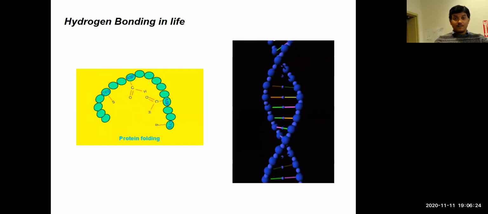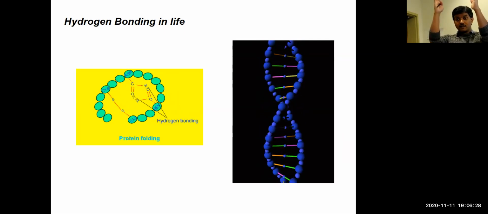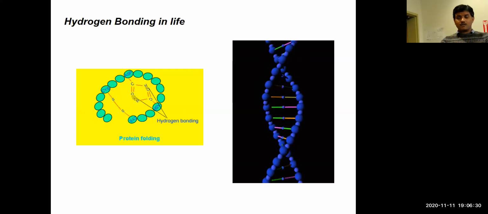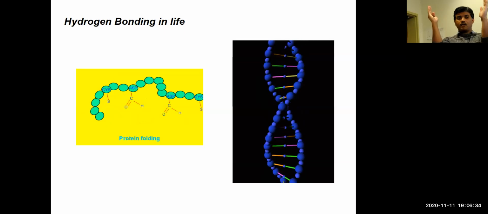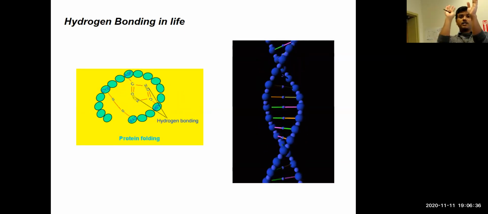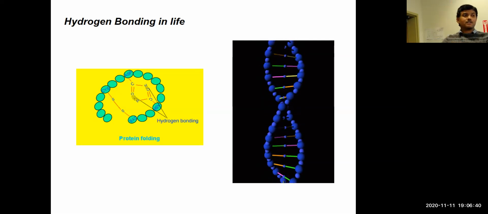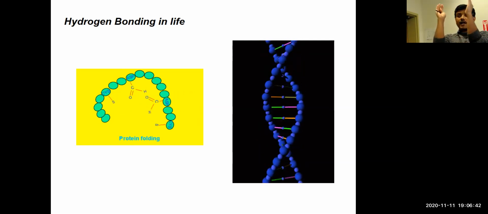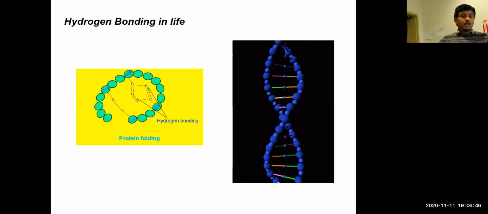DNA is basically two different strands, with obviously other molecules in it. Those molecules are attracted to each other to form these helical structures with the help of the hydrogen bonding that forms between these strands.